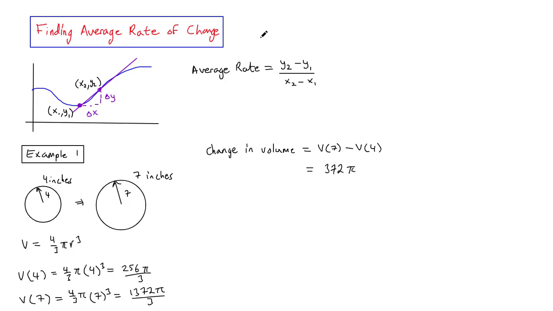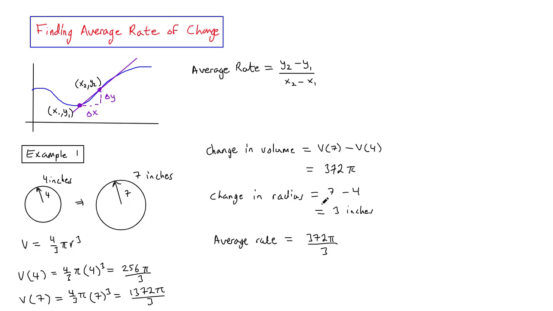So now that we have the change in volume, what we want to do is get the change in the radius. So our change in radius is 7 inches minus 4 inches. So this gives us 3 inches, which means the average rate of change for the volume of the balloon is 372 pi divided by 3.